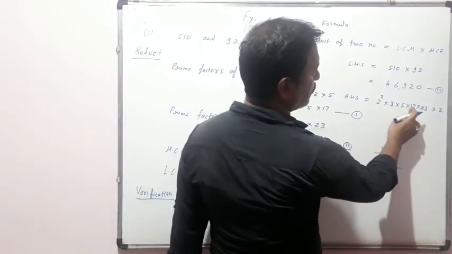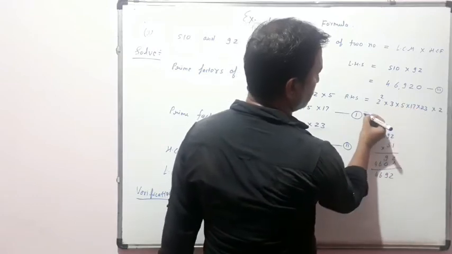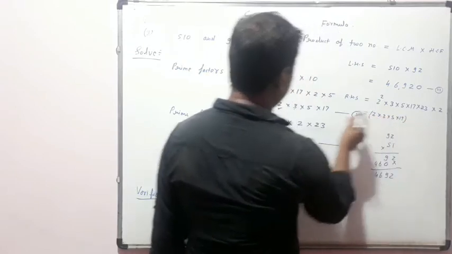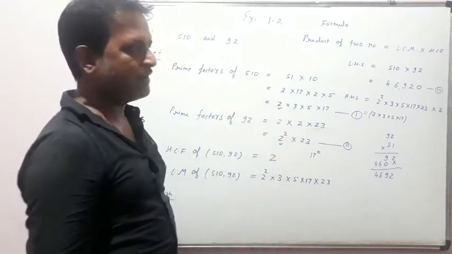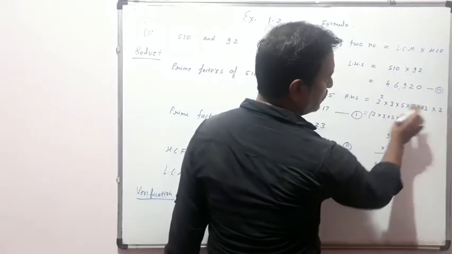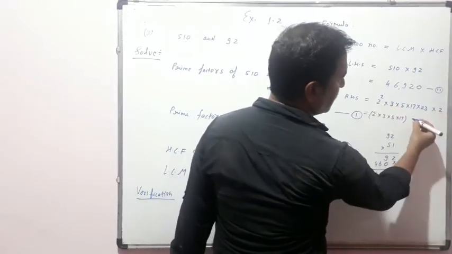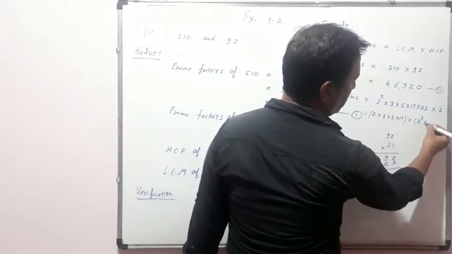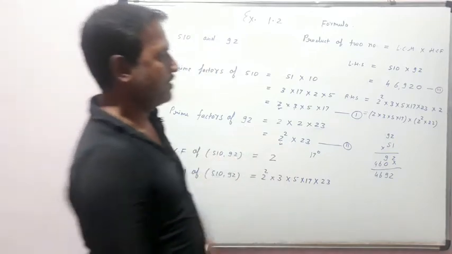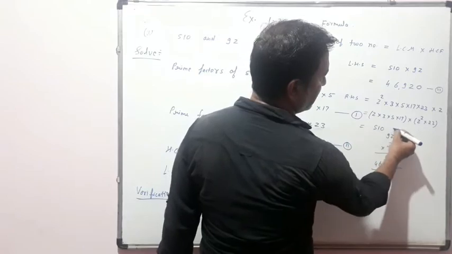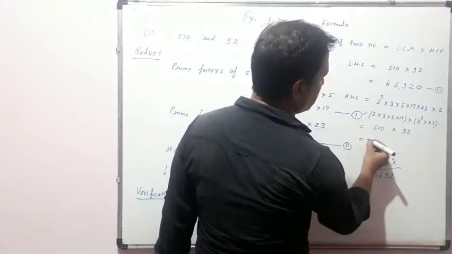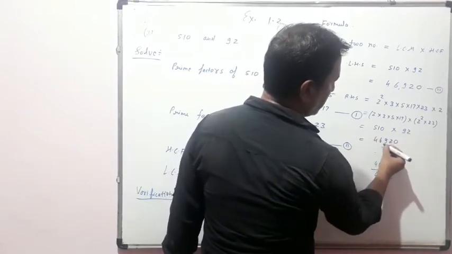The product of these is 510. I wrote one 2 along with it and took one 2 for this. So what is left with you? 2 square into 23. 2 square into 23 means 92. So again you get 510 and 92, which means the product is the same: 46,920 again.